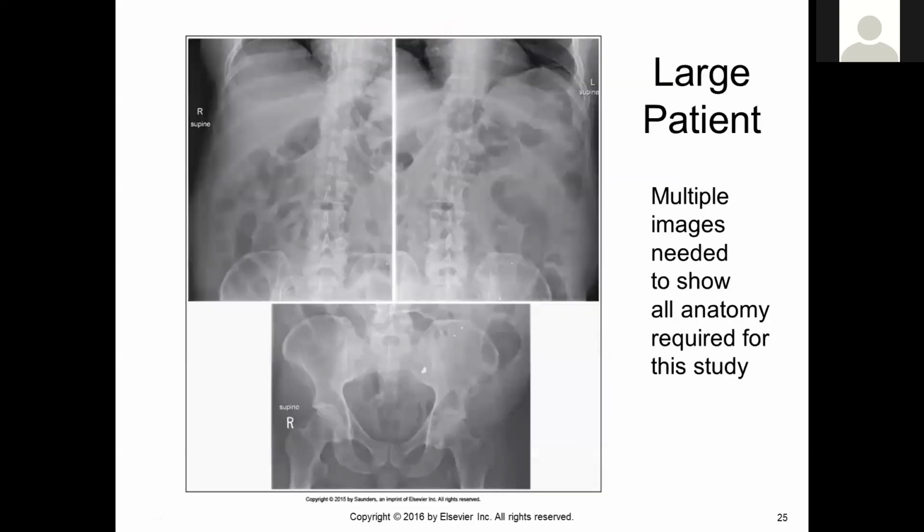For larger patients, you may be putting together a series of images with overlapping anatomy so that the radiologist can see, when you put them all together, it's not going to assemble onto one super image, but they can look for common parts and make sure that everything is included. So in this case, this patient large enough that we required 3 images rather than just 1.